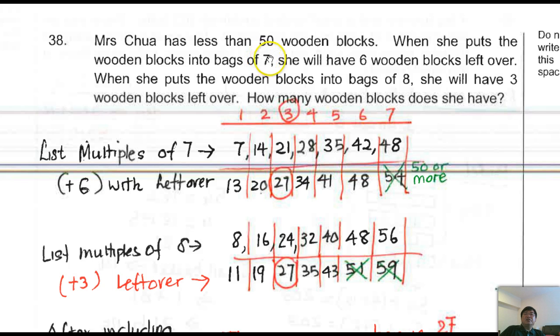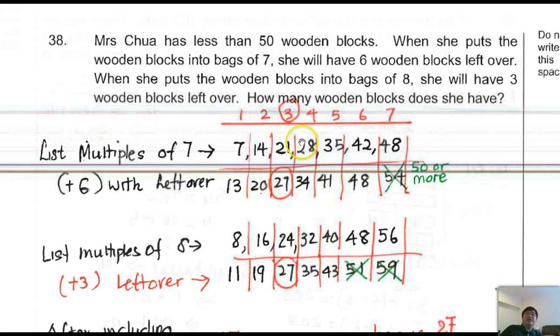She would have 6 wooden blocks left. Now first I list the multiples of 7. If I have one bag, I would have 7 wooden blocks inside. But remember, she has less than 50. It could mean she has 14 wooden blocks, 21 wooden blocks, 28, and so on.